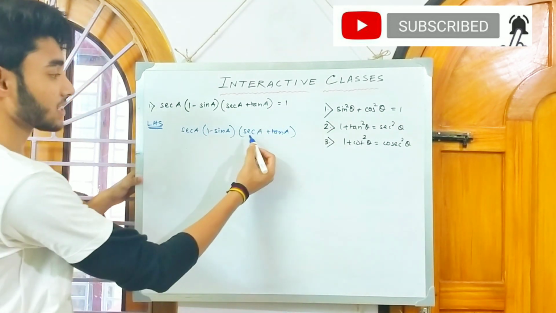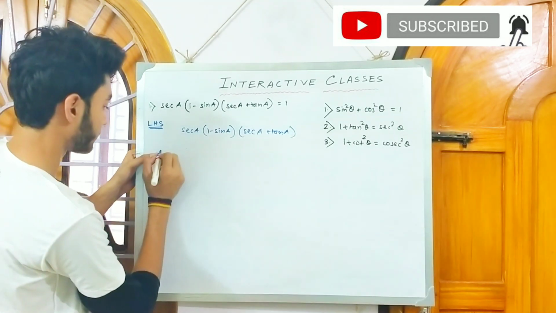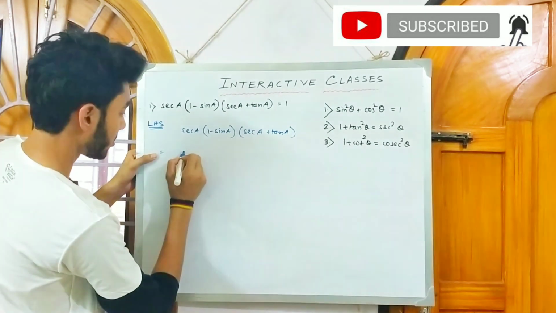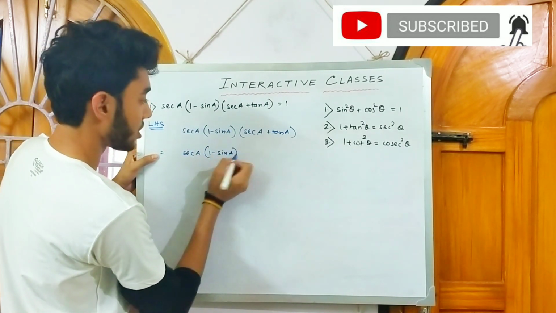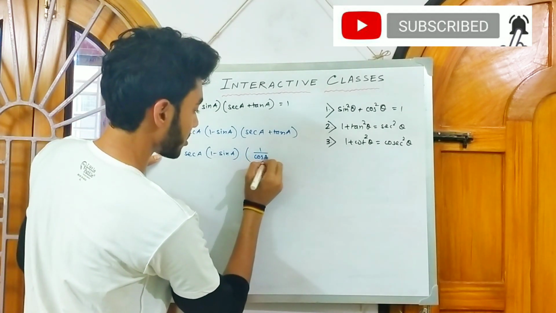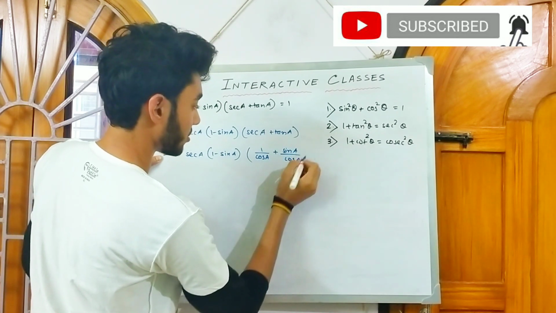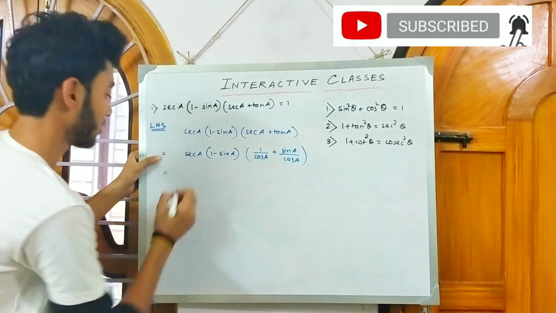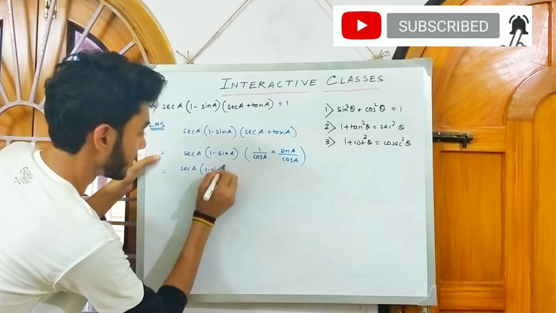Now let us convert sec a plus tan a in terms of sin and cos. Sec a can be written as 1 by cos a, and tan a can be written as sin a by cos a. Now sec a into (1 minus sin a).